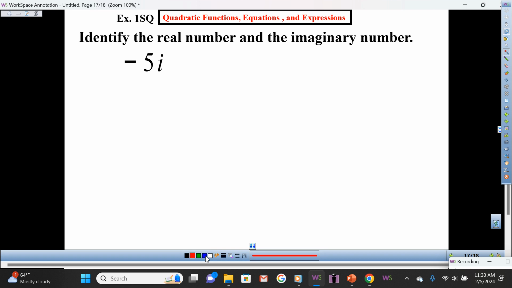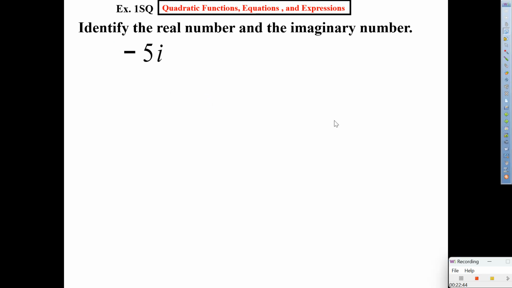Kimberly, real number. Help her out. Jacob. 0. That is correct. If it doesn't have anything, just write a 0. And of course, everyone underlined negative 5i as our imaginary. Okay? And the last one.